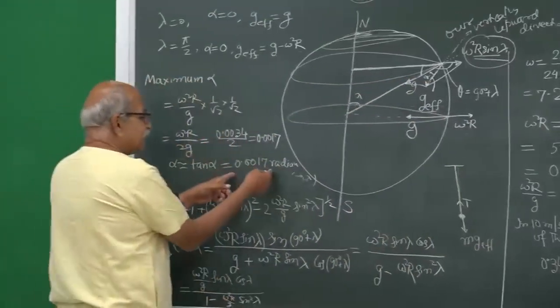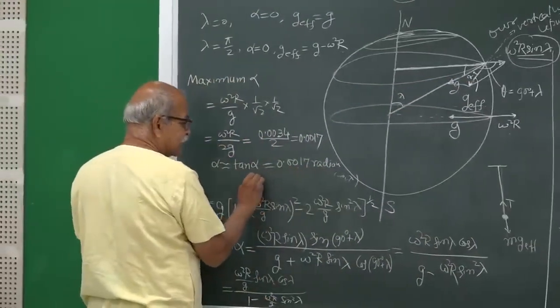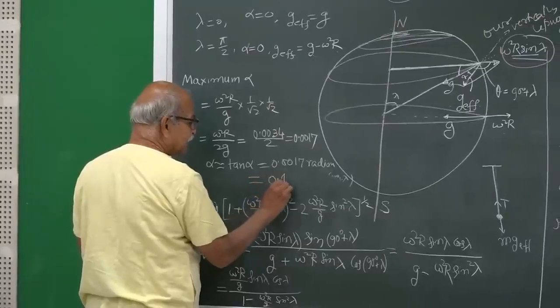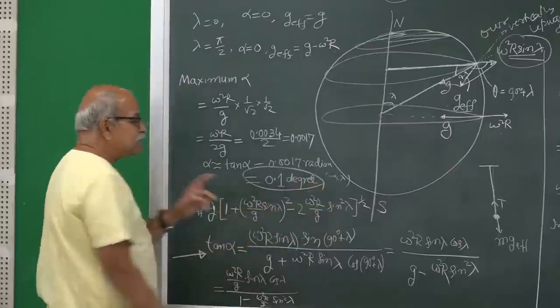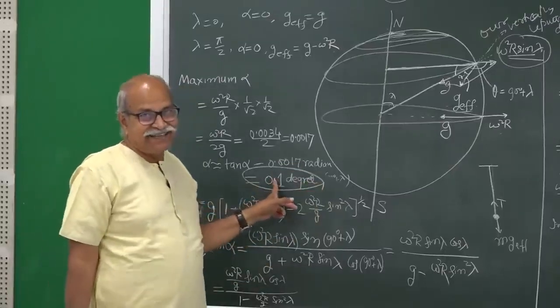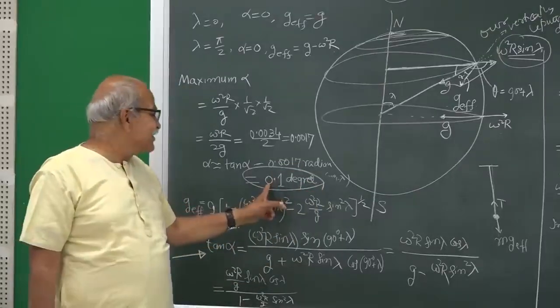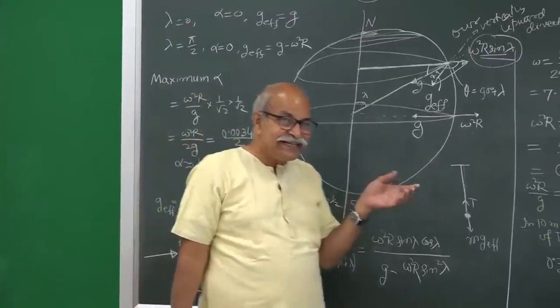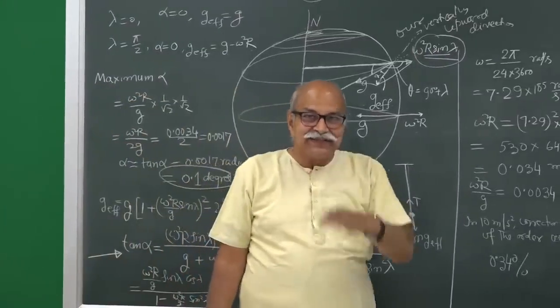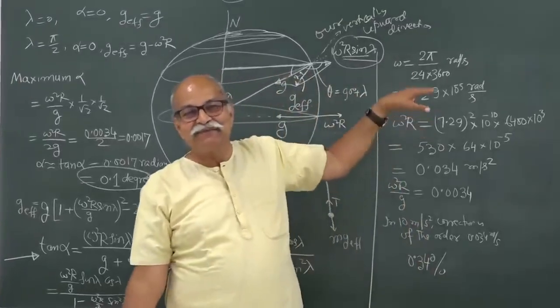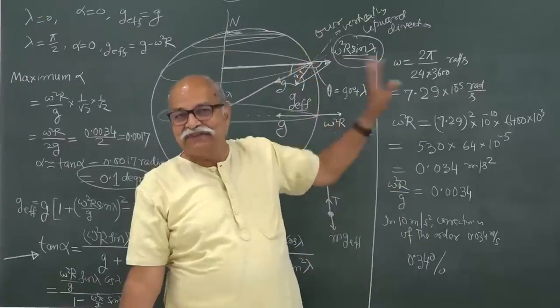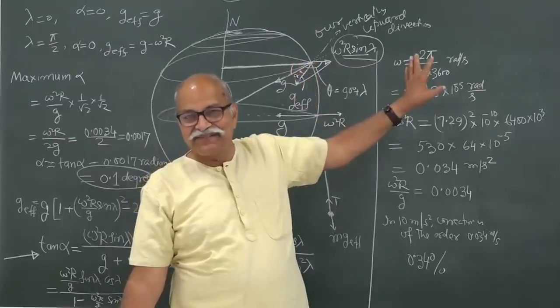So, multiplied by 57 and that number will be something like 0.1 degree. So, this is the maximum deviation, okay, 0.1 degree, 1/10 of a degree. So, that is the maximum deviation which occurs where you have lambda equal to 45, almost 45 degrees.